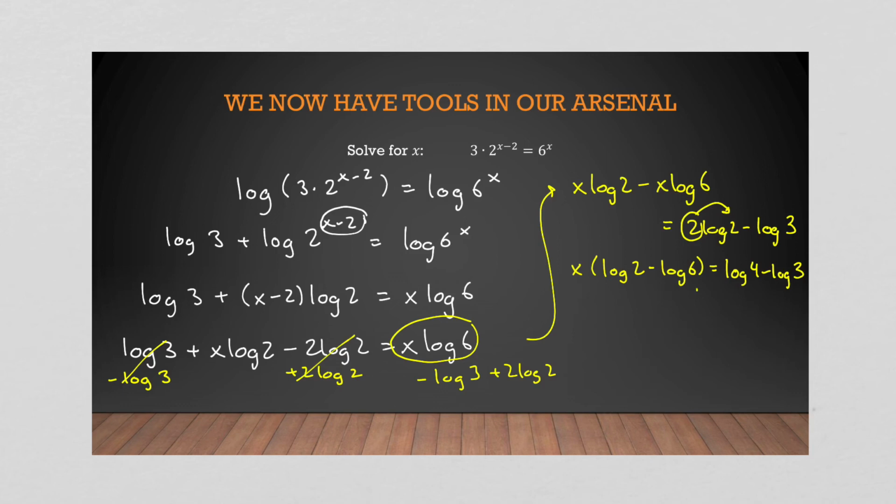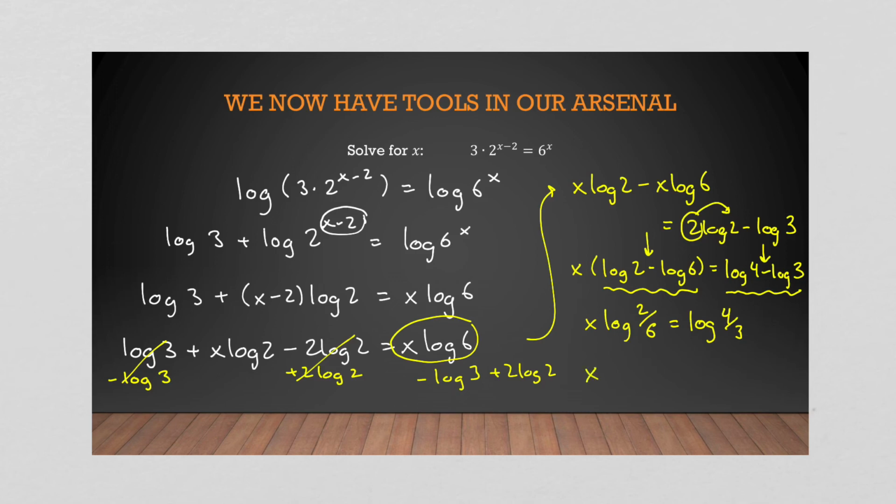So this statement here can be put back together, and this statement here can be put back together, and you get x times log 2 over 6, because we are subtracting the logs, equals log 4 over 3, because we are subtracting the logs. 2 over 6 can get simplified to 1 over 3, but we can do that after.